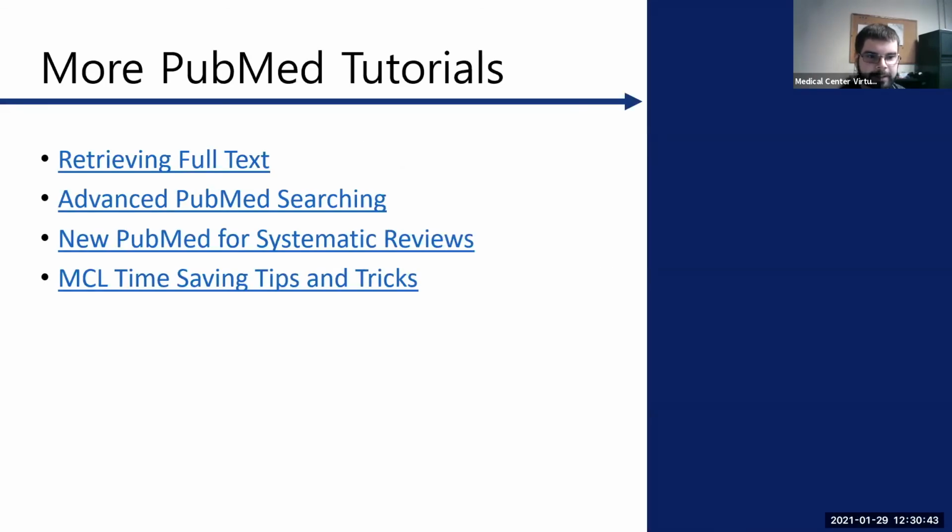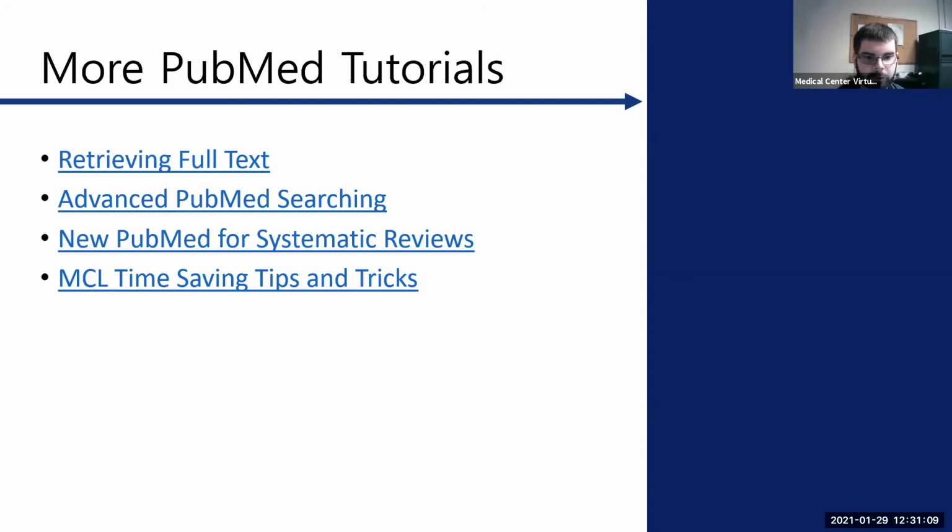So this was our presentation on the basics of PubMed, but we do have additional tutorial videos and previous workshop recordings that we've made for more specific needs. If you want to find out more about retrieving full text articles in PubMed and using the View Now UK button, we have a video for that. The advanced PubMed searching video goes more in depth into covering Medical Subject Headings and showing how to use the advanced search builder.